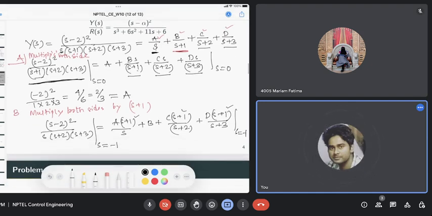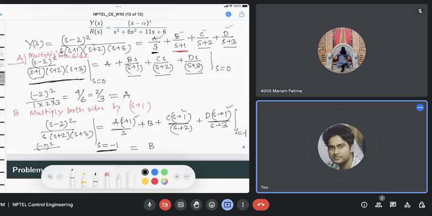Then in the right hand side what will happen? The coefficients with a, c and d will become 0 because of the s plus 1 term. We just make s plus 1 equal to 0. That is what we mean by s equal to minus 1, right? So in the right hand side we will have b. In the left hand side what will be?